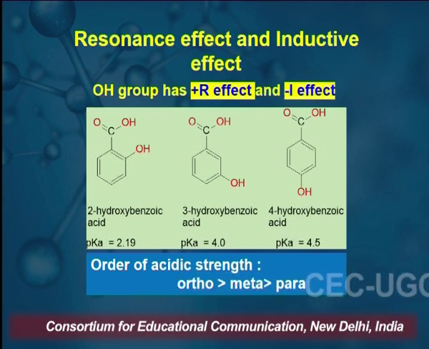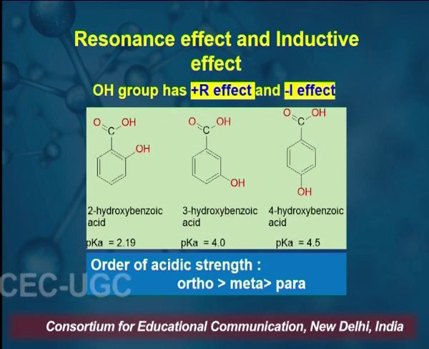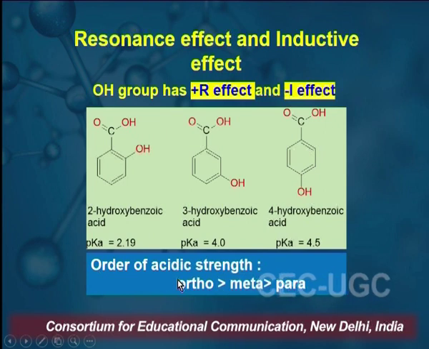So, here since the inductive effect is the governing factor, and inductive effect is observed maximum at ortho followed by meta and para, the order of acidic strength in these cases will be that ortho will be more acidic than meta, and meta will be more acidic than para.